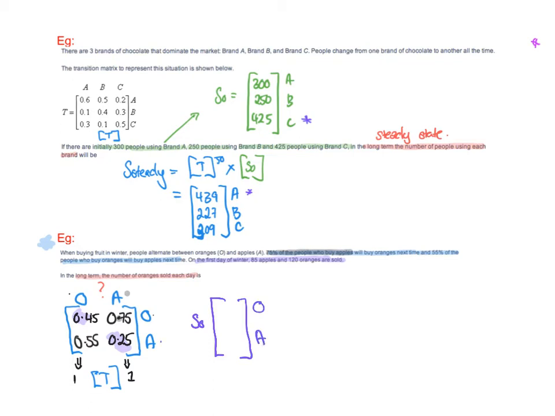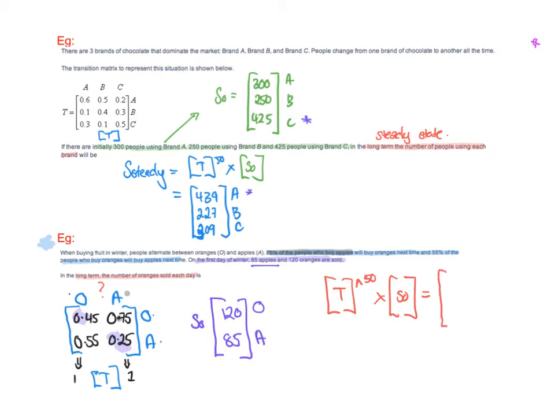So on the first day of winter, 85 apples were sold and 120 oranges, and I've got to make sure I pop them in the right order. When they ask me to find the state matrix, all I'm going to do is take the transition to a high power times that, and see what it says in the long term. So we'll go do that on the calculator.